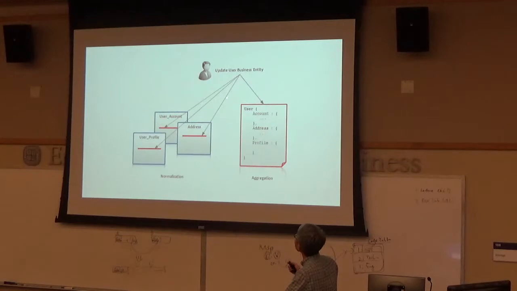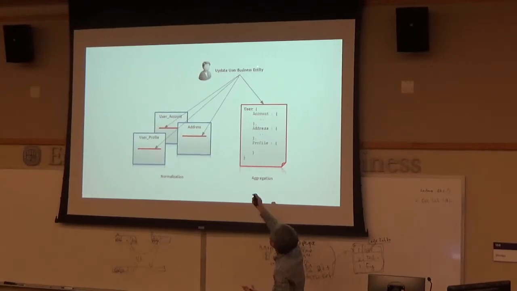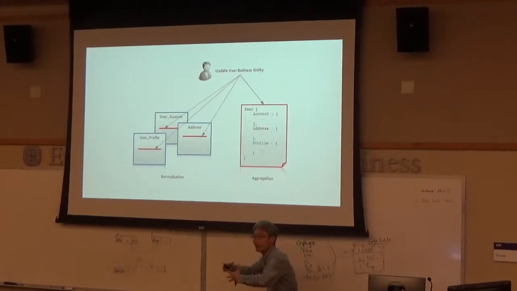If we need to build some business entity transaction, we need to access this one and this one and this one. But most of the time, any transaction requires accessing account, address, and the profile at the same time, including inserting new data, updating data, and modifying something.